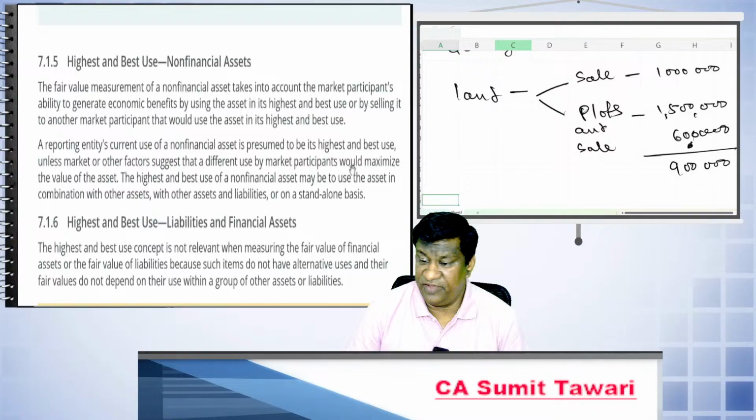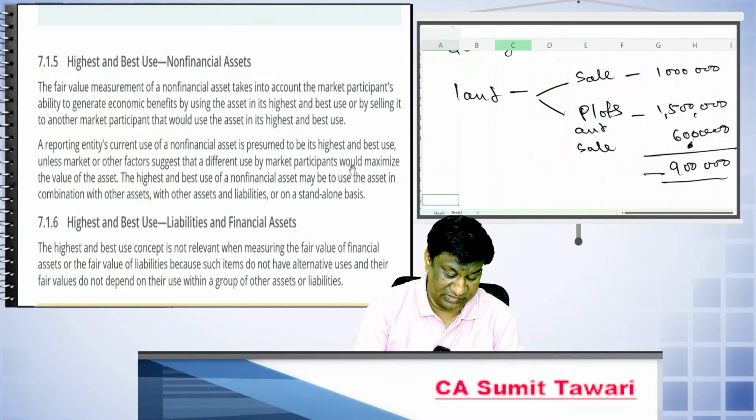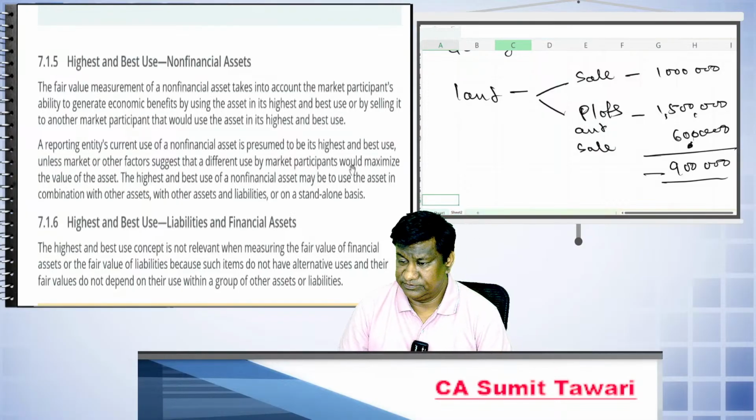Okay, I have a land which I can sell as it is, which gives me a value of 1 million. Or I can develop the plot and then sell. This will give me a value of 1.5 million, but there are additional expenses of 600,000. So the net amount is 900,000. So what would be the value of the asset? The value of the non-financial asset.